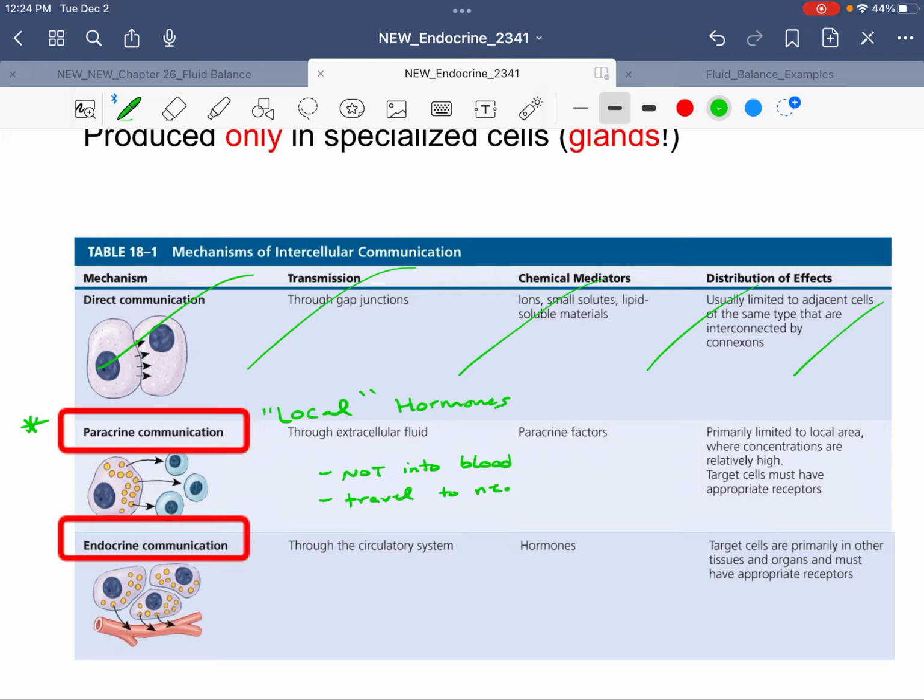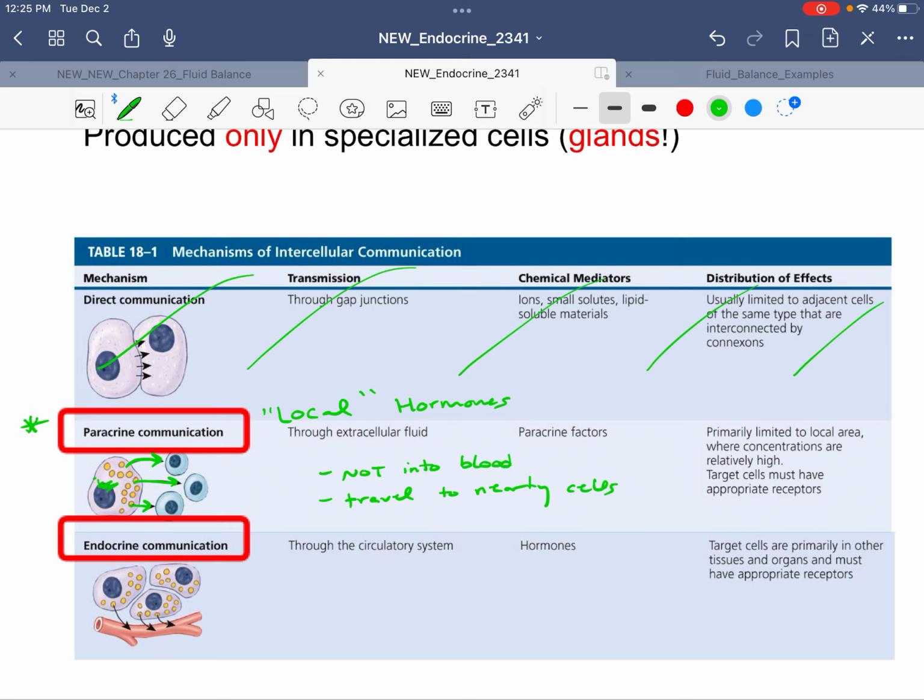This is how a lot of cells communicate with each other. So one way that this cell might communicate with local cells is by releasing these local hormones. So when you hear paracrine hormone, it's a local hormone, how one cell might communicate to nearby cells.